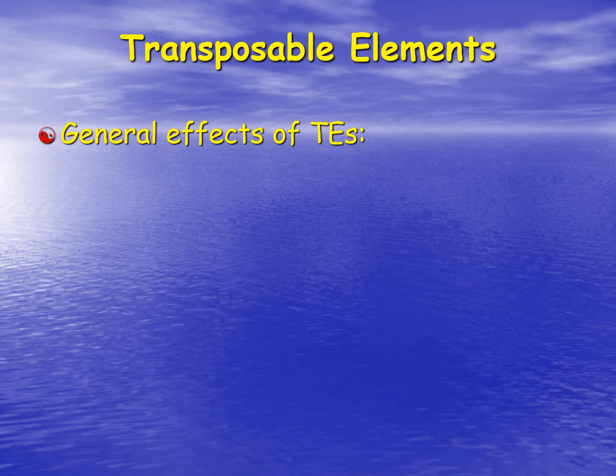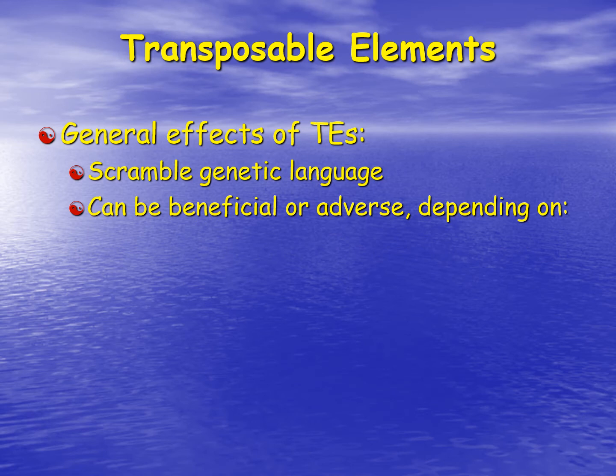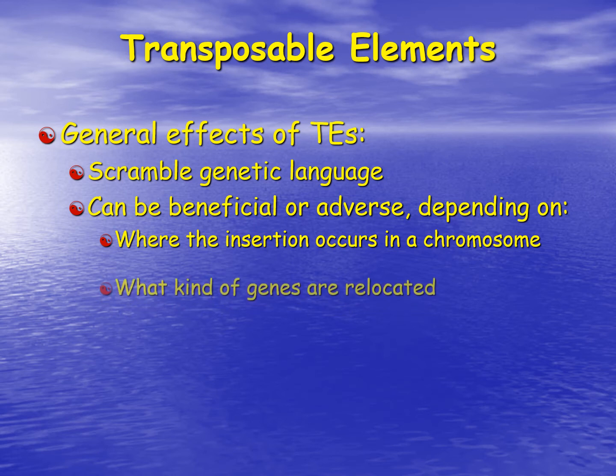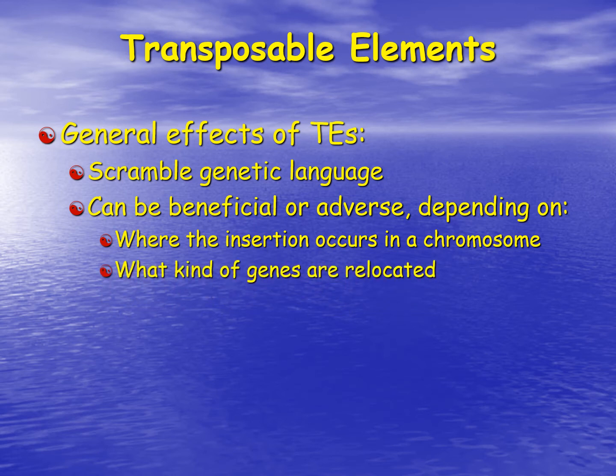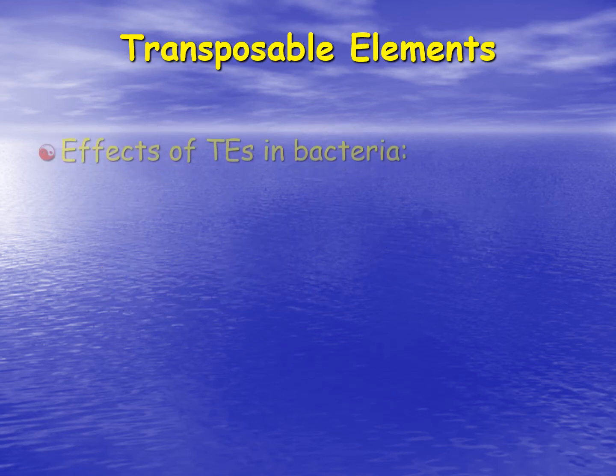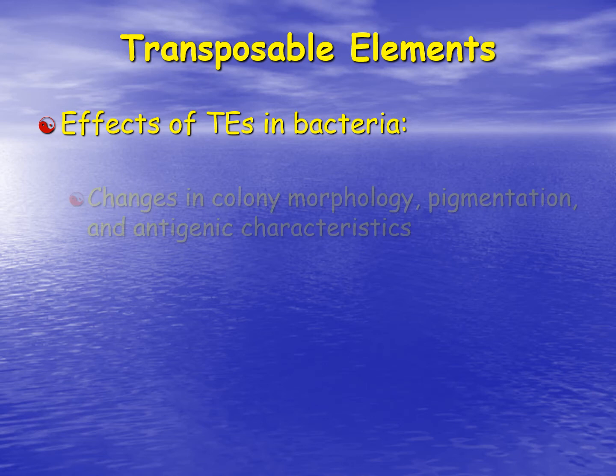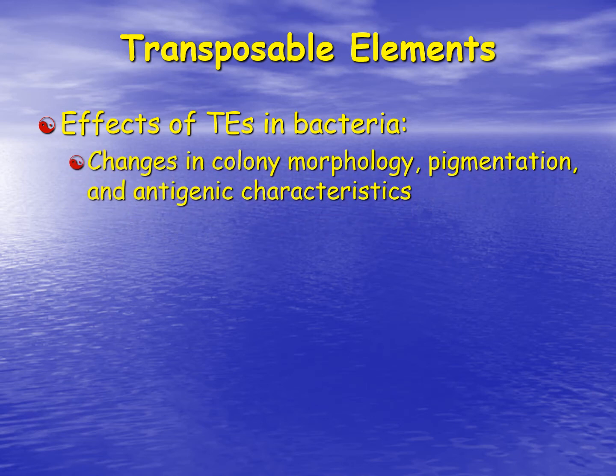General effects of transposons: they will scramble the genetic language. They can be beneficial or adverse depending upon where the insertion occurs within the chromosome, what kind of genes are being relocated, what type of cell is involved. Effects of transposons in bacteria is sometimes we'll see changes in the colony morphology or pigmentation of the colony, or even antigenic characteristics of the bacteria.